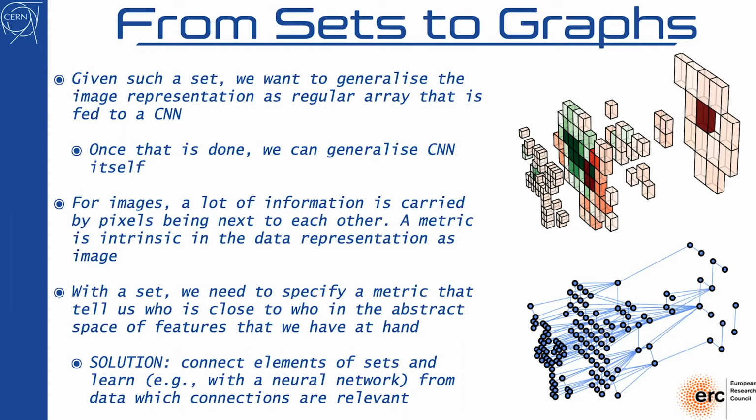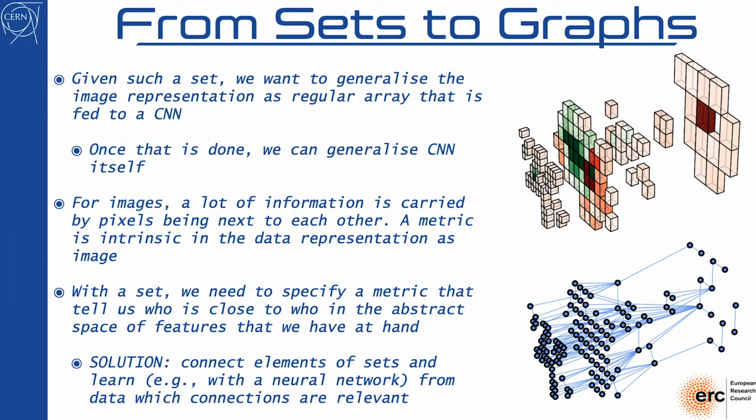And indeed, the most famous architecture for graph networks is what people call EdgeConv, which is a generalization of convolutional neural networks in which you have exactly the same structure. You have this kernel that moves, but the kernel doesn't move in some physical space where your points are arranged regularly.